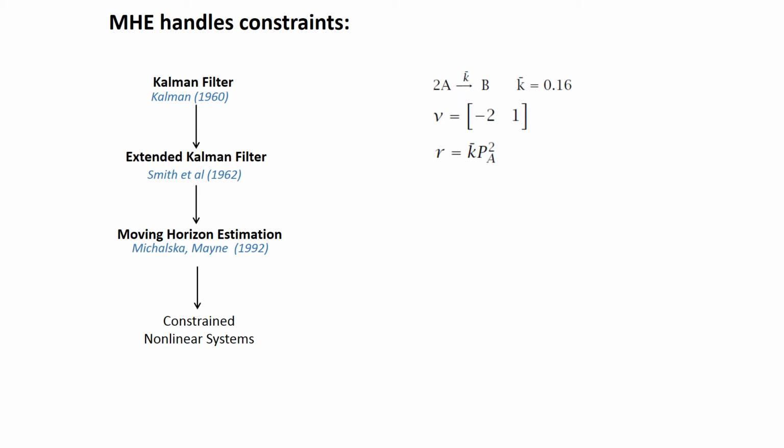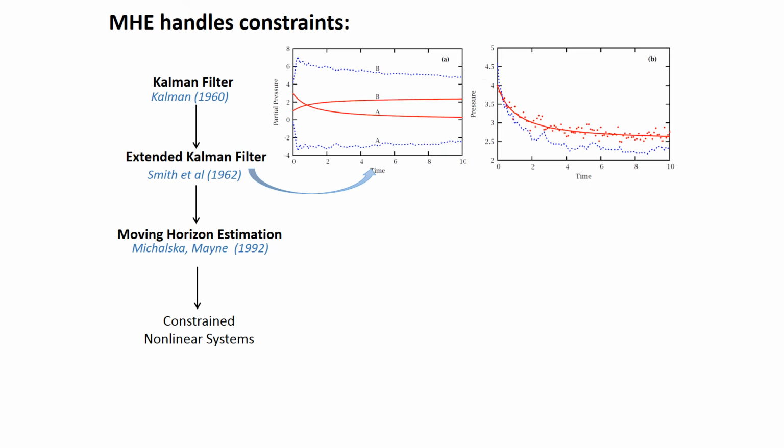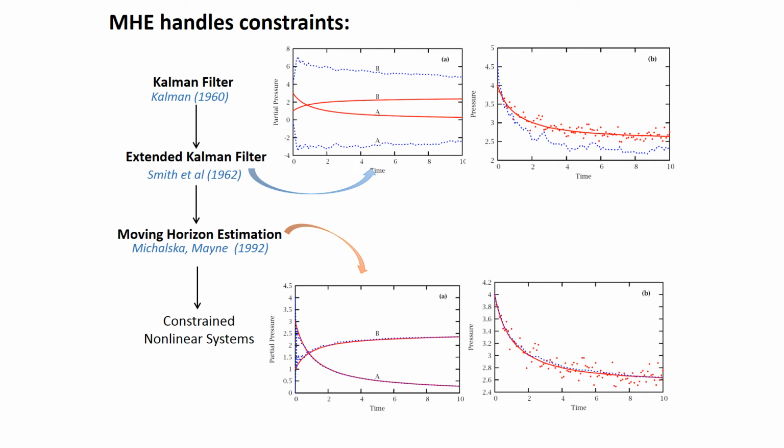As a result, the states of the dynamic system are the partial pressures and the measured output is the total pressure. This is the dynamic system with an initial point. It's obvious the state should be positive. The results show in EKF the estimated states are negative, while MHE estimates them properly.